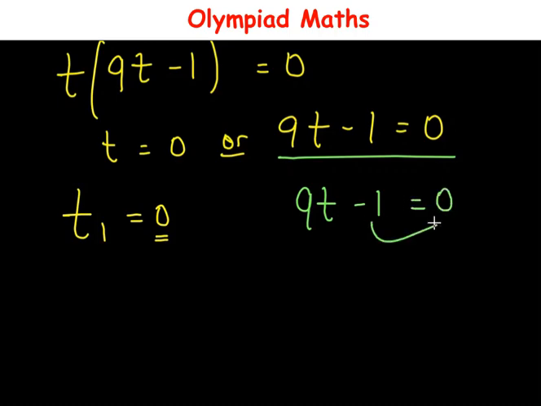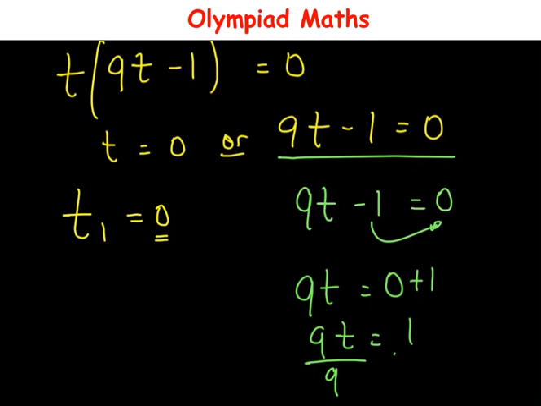Move minus 1 over to this side. This becomes 9t is equal to 0 plus 1. And from here, 9t is equal to 1. So then, divide both sides by 9. 9 divided by 9, the value of t is equal to 1 over 9. So with this, we have gotten the second value of t, which equals 1 over 9.